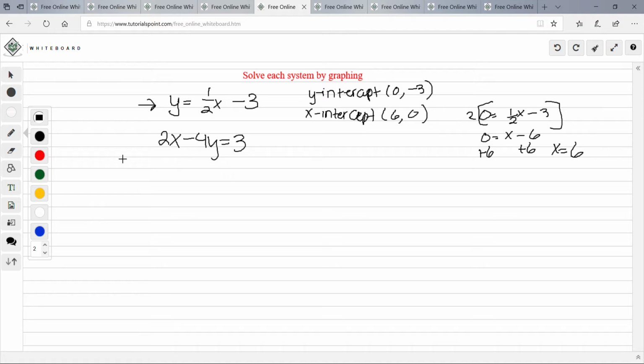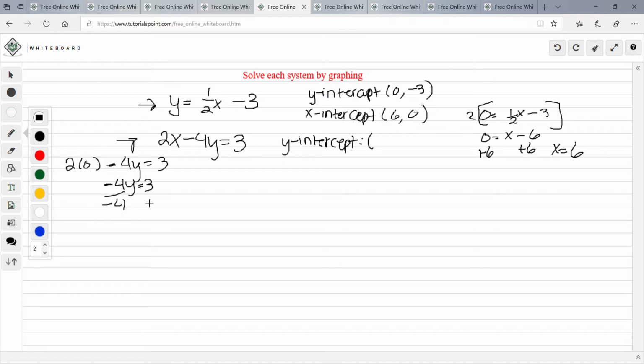What about this one? Let's find our y-intercept. Remember, to find the y-intercept, you plug in 0 for x. So wherever there's an x, you plug in 0, so it's going to be 2(0) minus 4y equals 3. That's negative 4y equals 3.